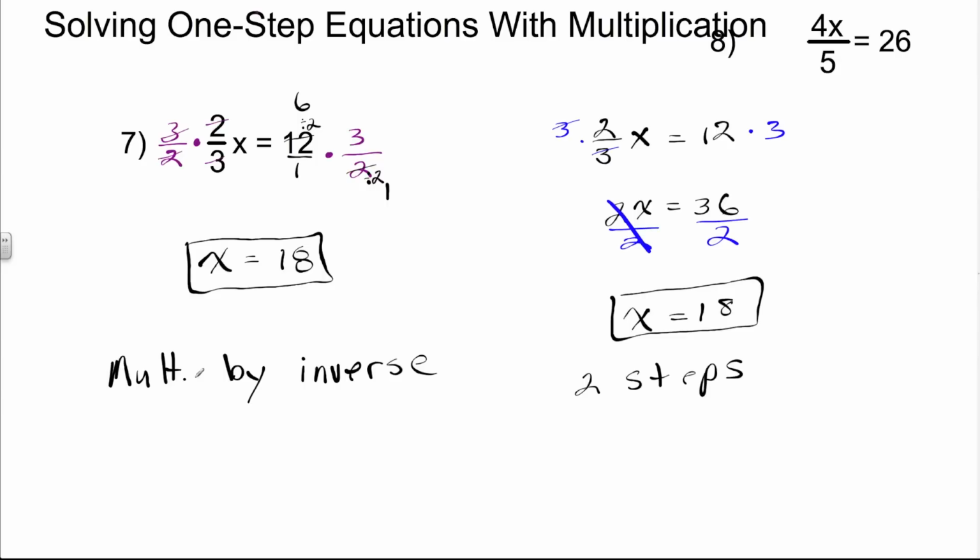You can multiply by the inverse and do it in 1 step like I did here on the left, or you can multiply by the denominator, then divide by the coefficient that's left in front of the x. Let me show you this other example. It does look a little bit different, but it really isn't much different.